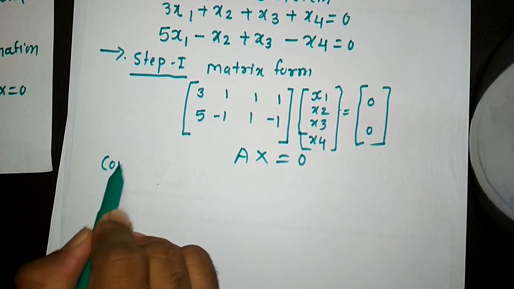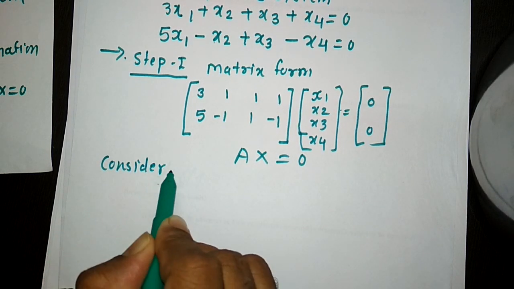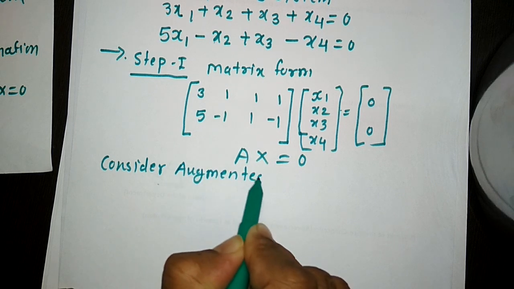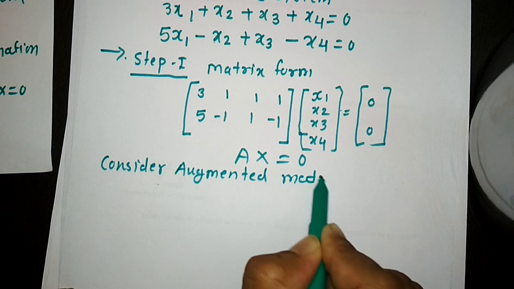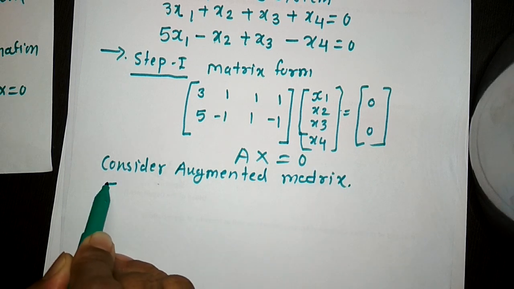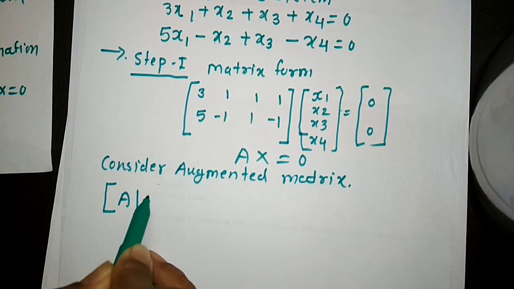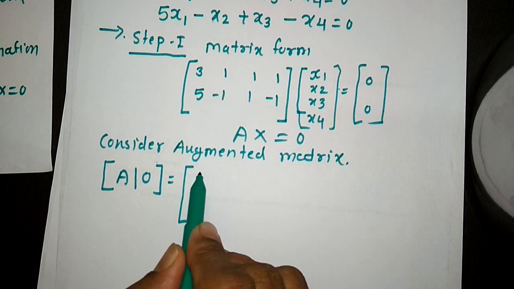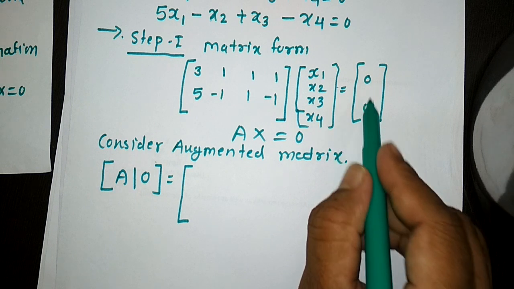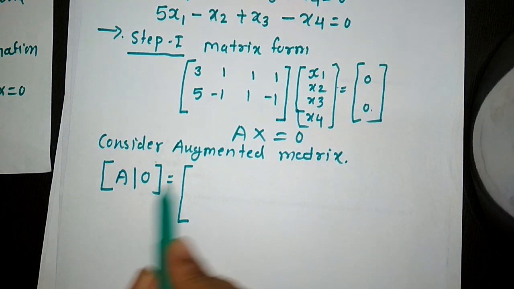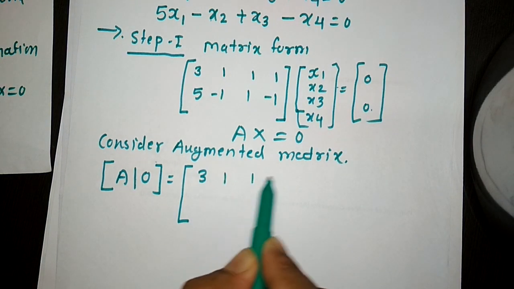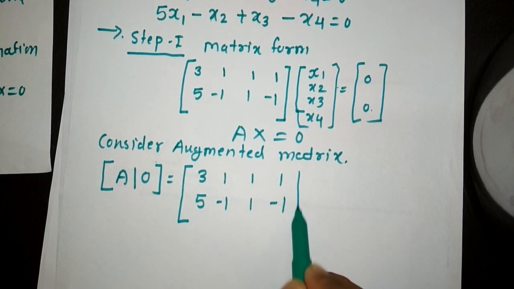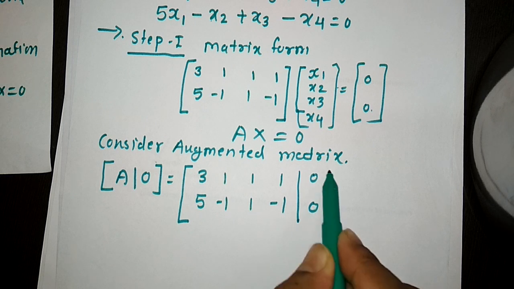Now consider the augmented matrix. Augmented matrix means a matrix where one more column is inserted, that is 0. So this column of 0 is inserted to A. So this is 3, 1, 1, 1, 5, minus 1, 1, minus 1, and here a partition, this is 0.